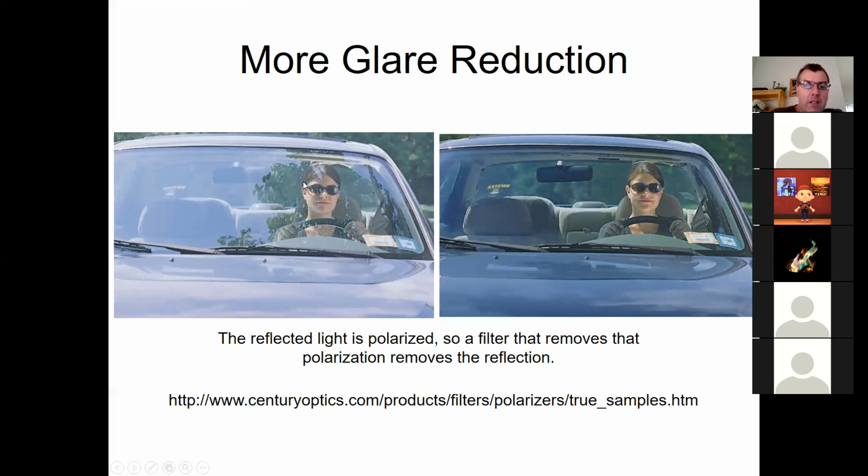But if I've got something that strongly absorbs the TE light that was reflected and weakly absorbs the TM light coming from inside, then I get all of the TM light, or almost all of the TM light from inside. Of course, I lose all of the TE light from inside. That's a problem. But I also lose the TE light from here. And this light is disproportionately TE, whereas this light on the inside is only 50% TE.